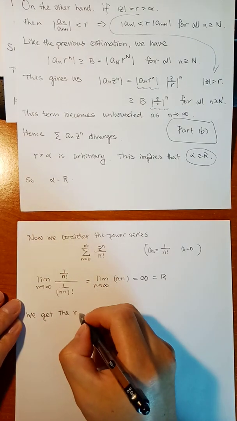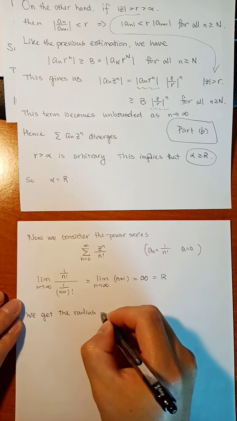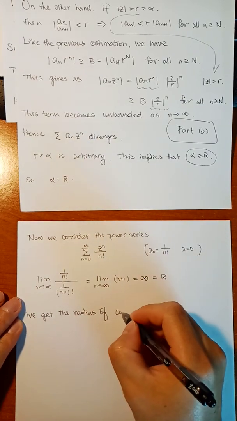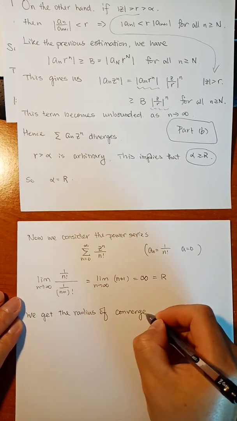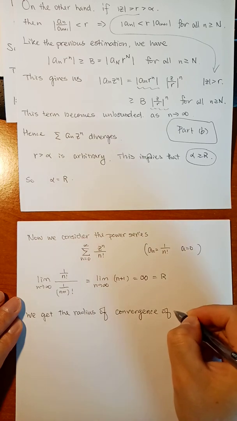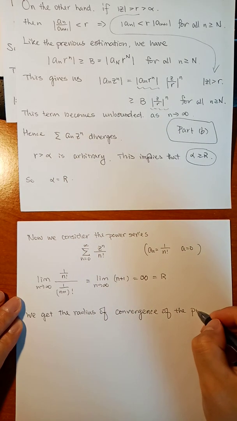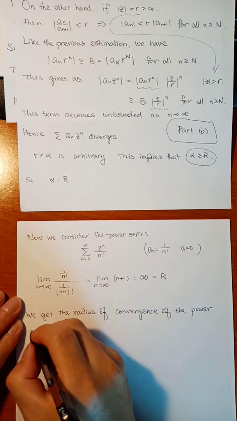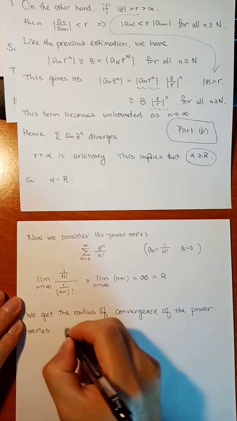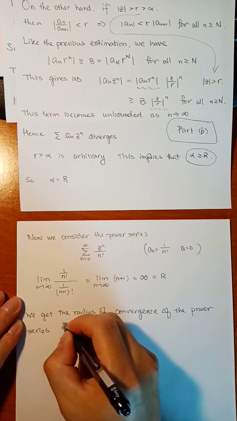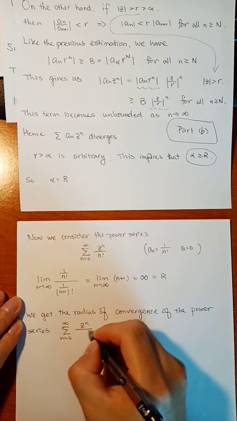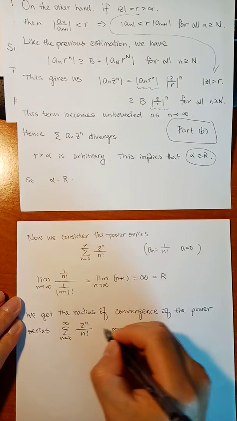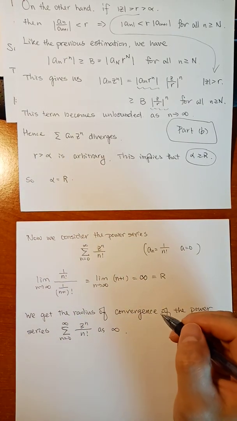So we get the radius of convergence of the power series as infinity. R equals infinity.